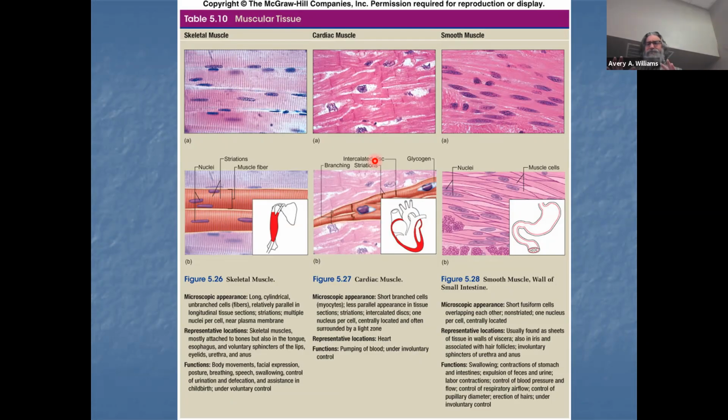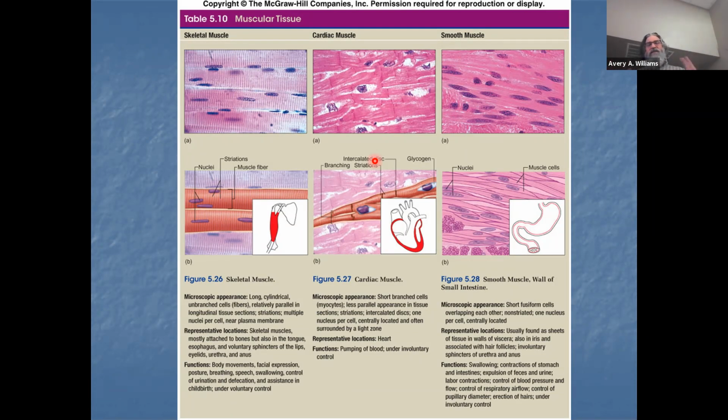On paper, it works beautifully, but sometimes it doesn't contract in sync. When it's contracting out of sync, they have a name for that. It's called fibrillation. You have atrial fibrillation and ventricular fibrillation. It's not a good thing.